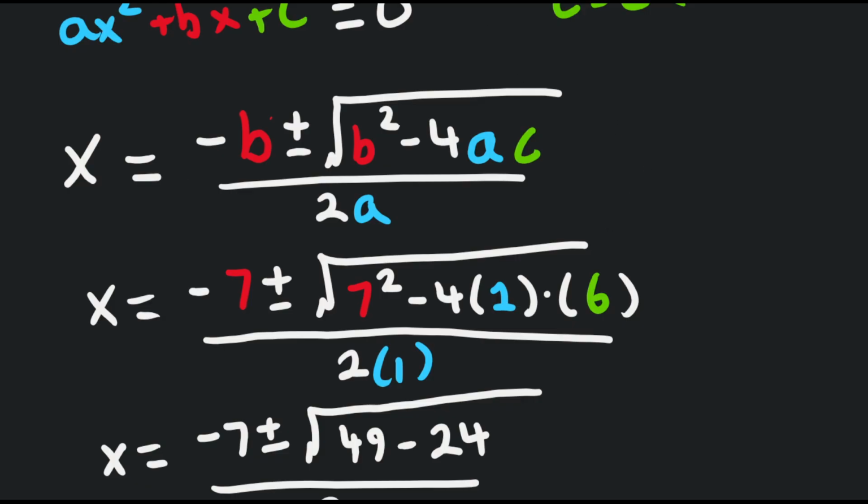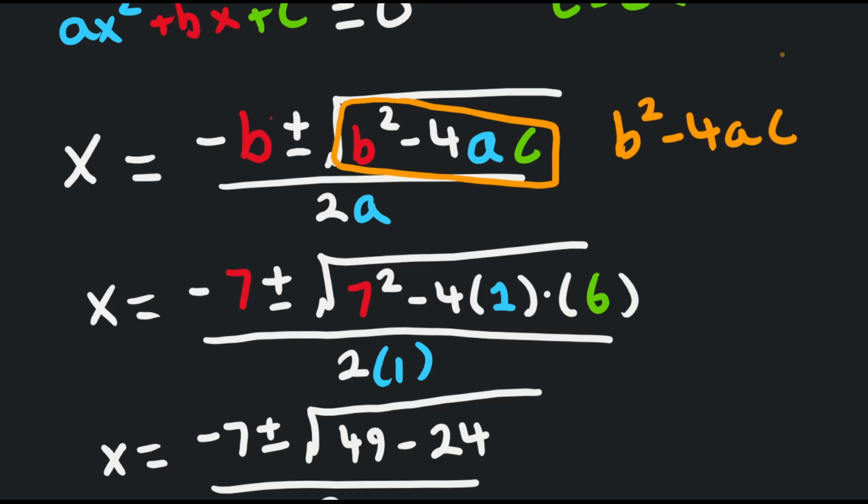Now there's one more thing that's important to know about the quadratic formula. It's that this radical right here, the square root of b squared minus 4ac, so the radicand itself, b squared minus 4ac, let me write that down. This has a special name.